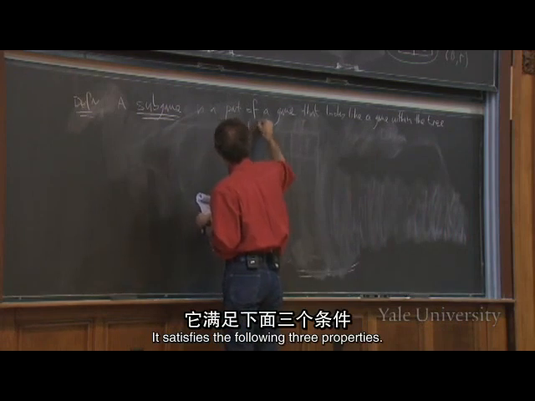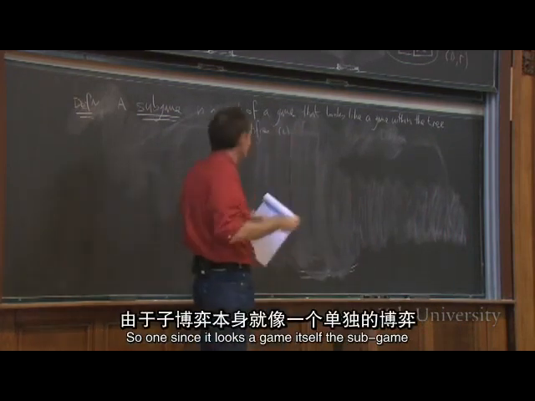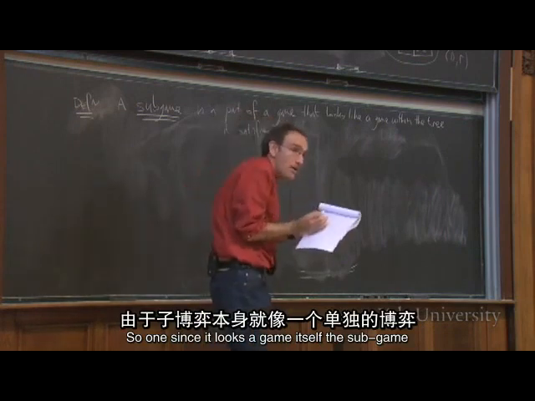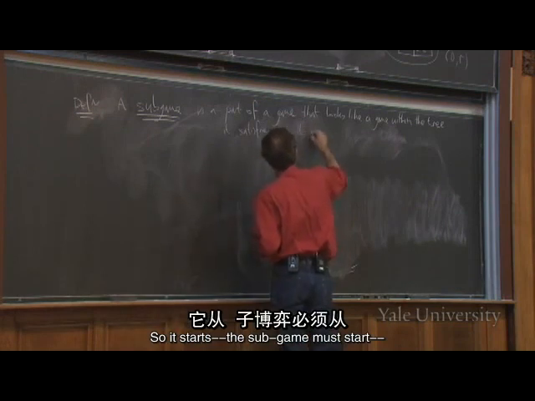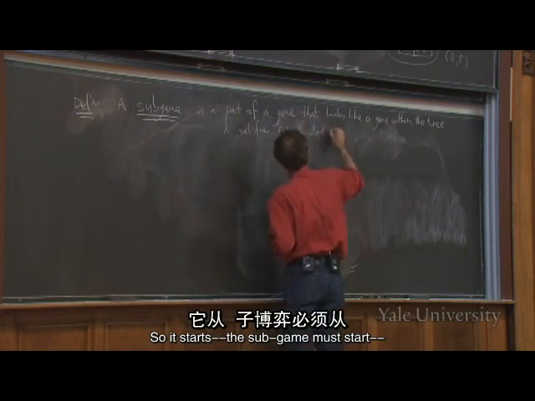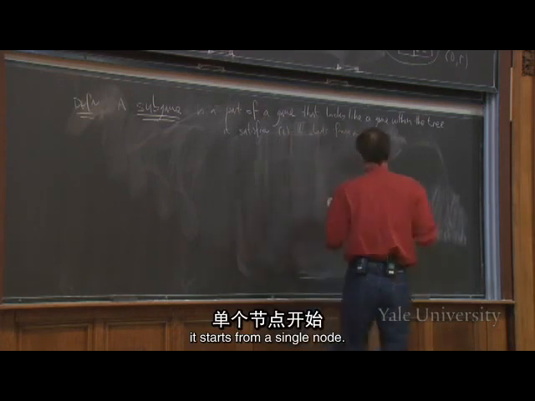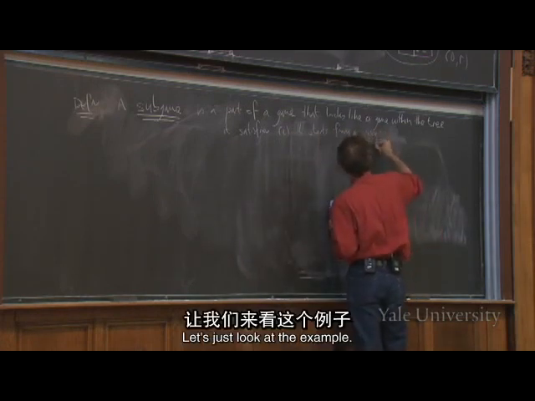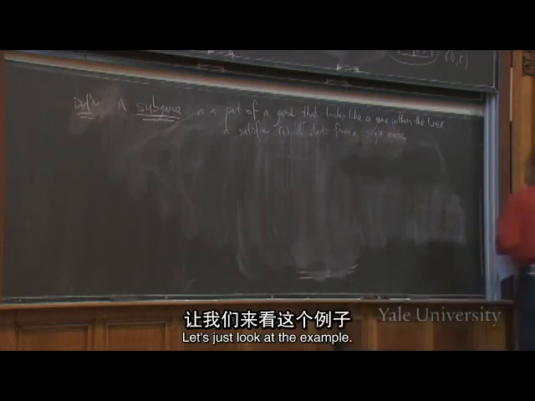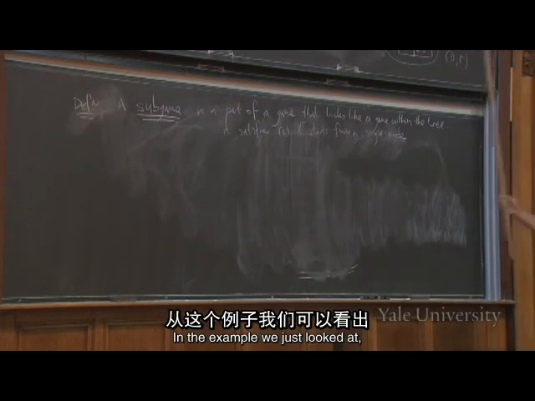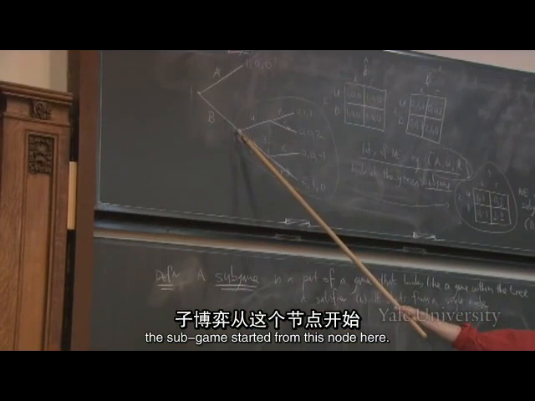It satisfies the following three properties. So one, since it looks like a game itself, the sub-game must start from a particular point. It starts from a single node. And let's just look at the example. In the example we just looked at, the sub-game started from this node here.